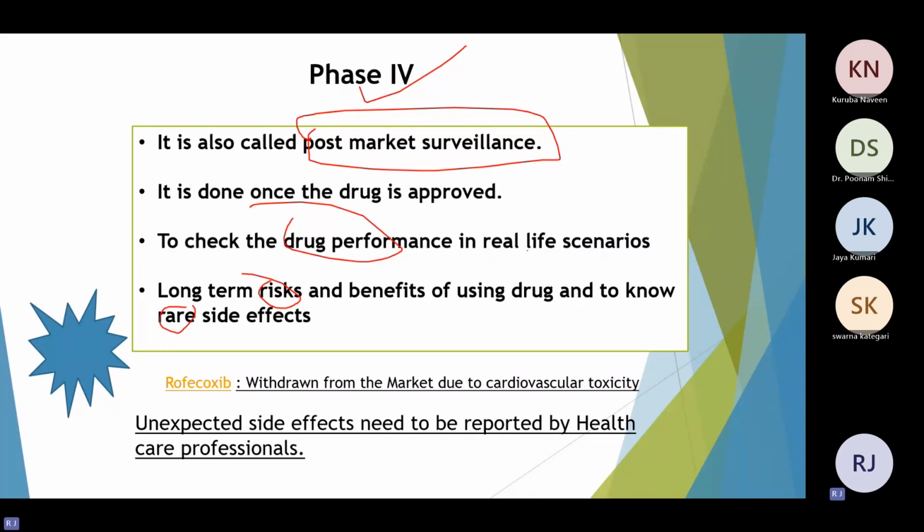Always remember. You would have heard this controversy like Rofecoxib. It was withdrawn in 1998 and 2002 because the drug was causing cardiovascular toxicity. But it could not be identified in a clinical trial because these were rare side effects. So we came to know about these side effects by doing these phase 4 studies, PMS studies.